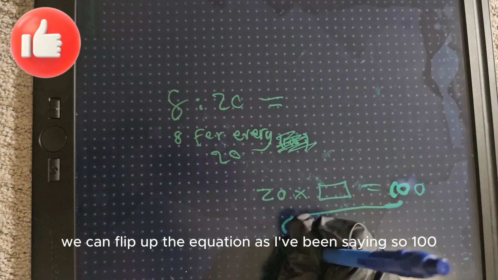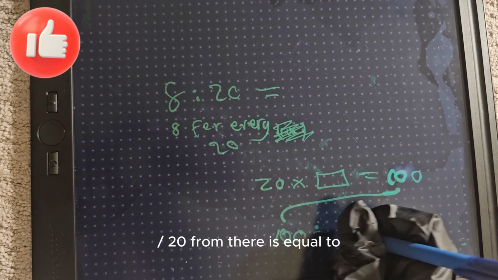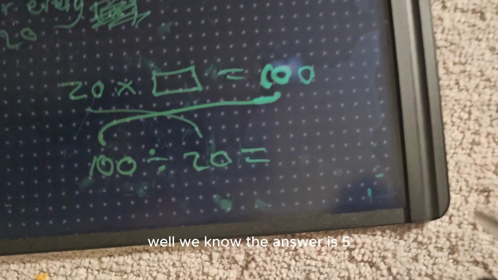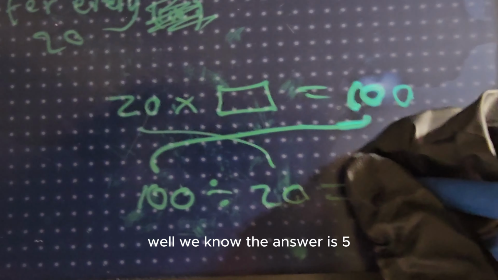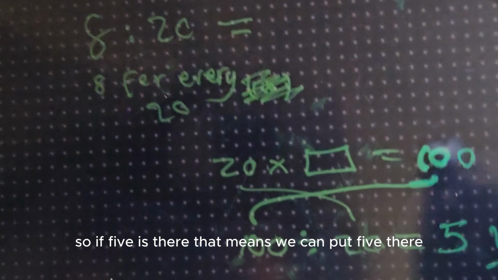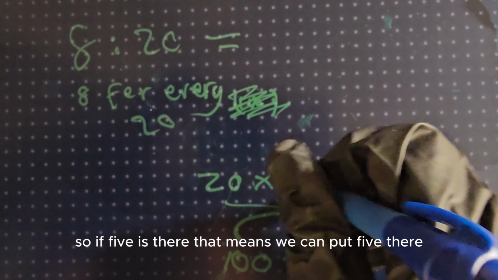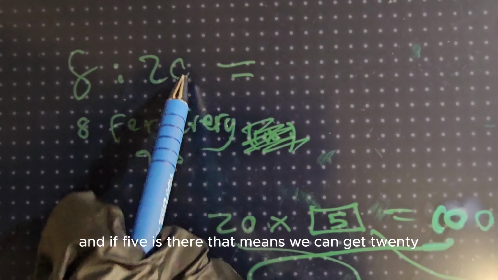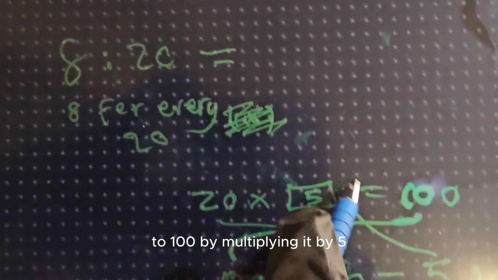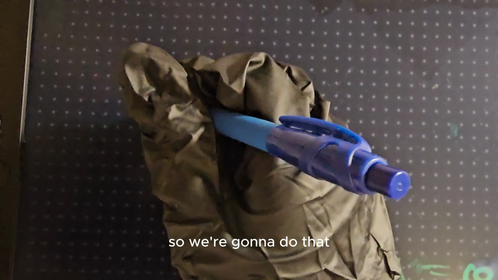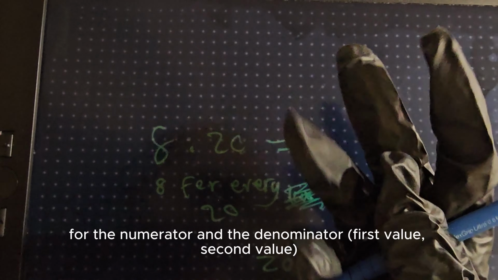So 100 divided by 20 is equal to 5, and I know that's correct. So if 5 is there, that means we can get 20 to 100 by multiplying by 5. So we're going to do that for the numerator and the denominator.